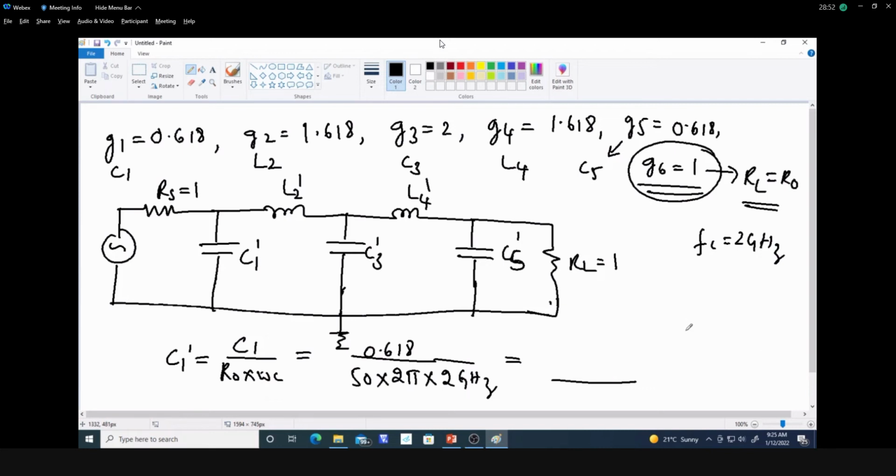And similarly we have L2 dash, which is R naught into L2 divided by 2 pi into omega C, with the cutoff equal to 2 gigahertz.